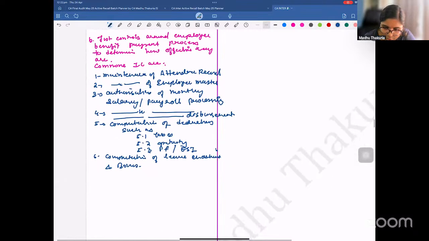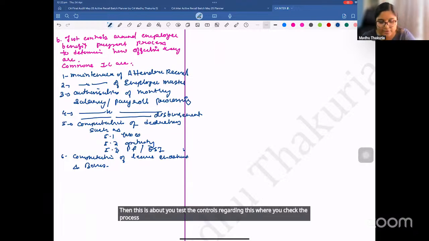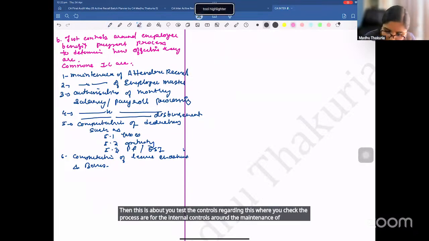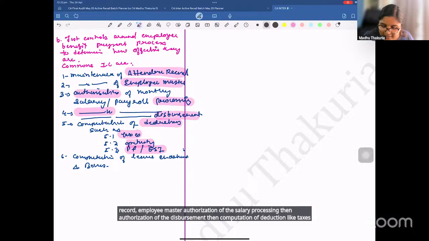Then you test the controls regarding this, where you check the internal controls around the maintenance of your attendance record, employee master, authorization of the salary processing, then authorization of the disbursement, then computation of deductions like taxes, gratuity, PF, ESI, then the computation of leave encashment and bonus.